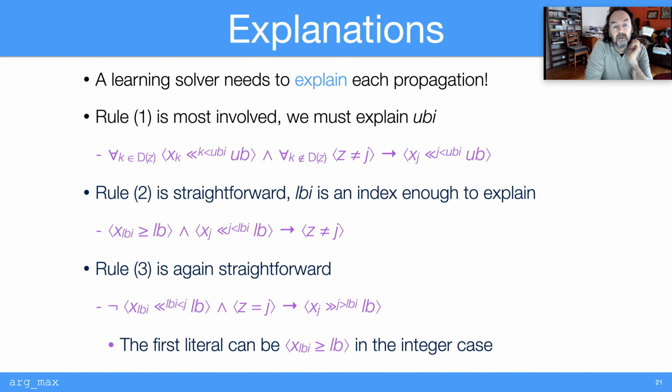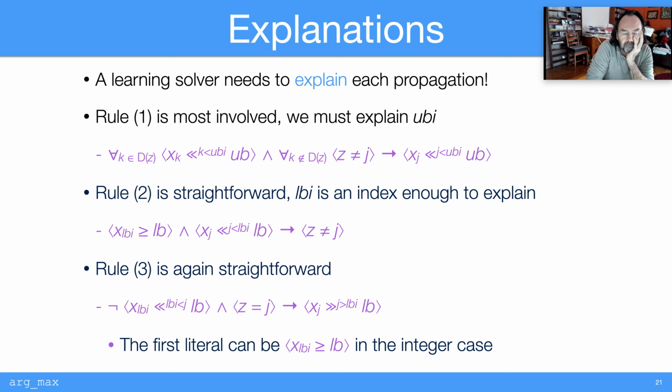To do that, we have to show that for all of the k's, all of the positions that are in the domain of z, they can't be bigger than that upper bound. And for all of the k's that are not in the domain of z, z is not equal to j. So we have to remember the ones which weren't there, because if we didn't, they could have changed the upper bound.